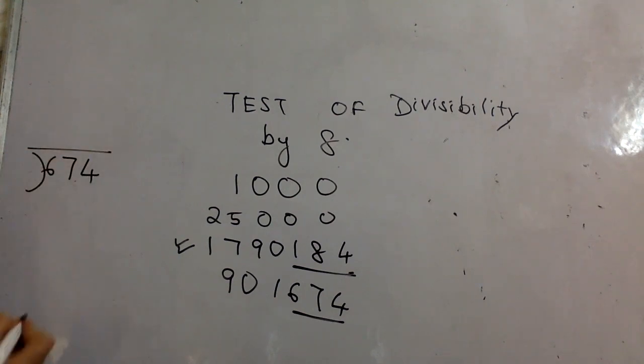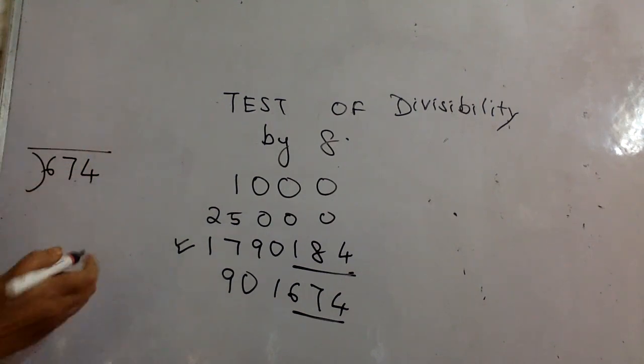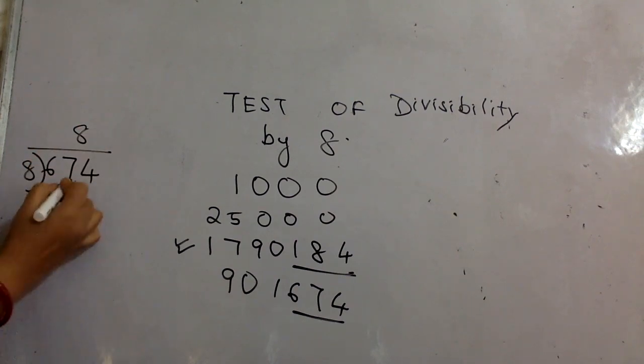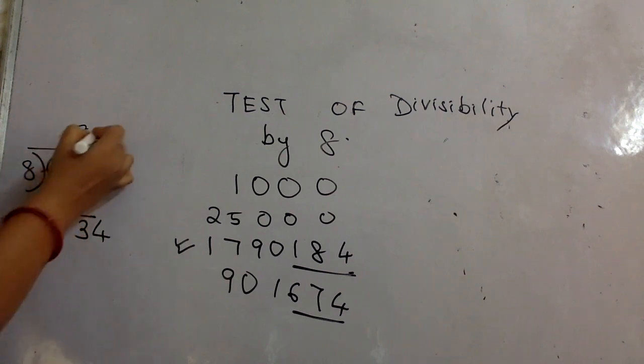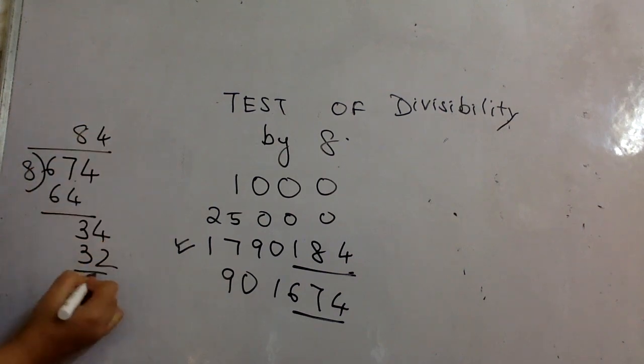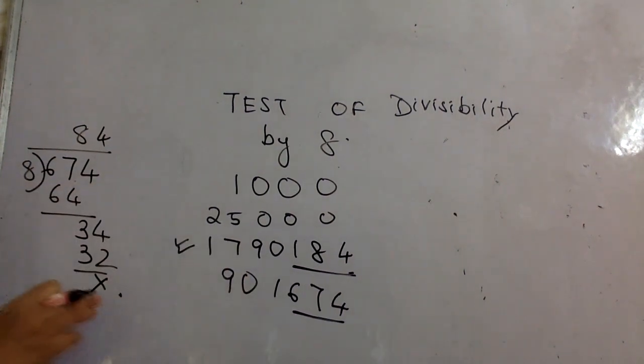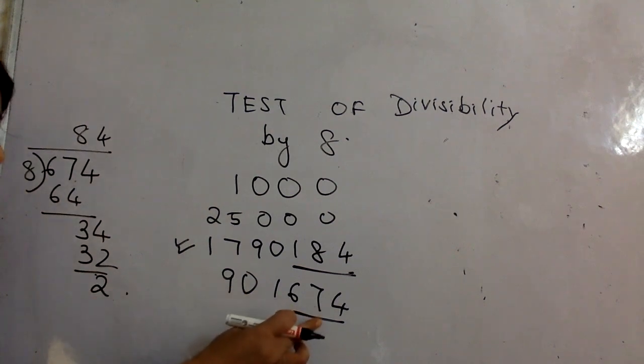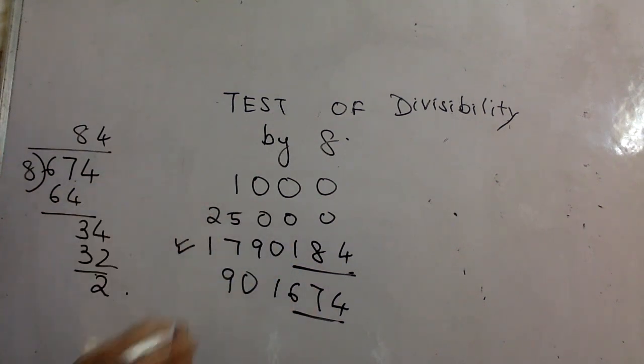Is it divisible by 8 or not? 8 8s are 64 and then comes a 34. 8 4s are 32. Okay, so we get a remainder 2. So this number is definitely not divisible by 8 because 674 is not divisible by 8.